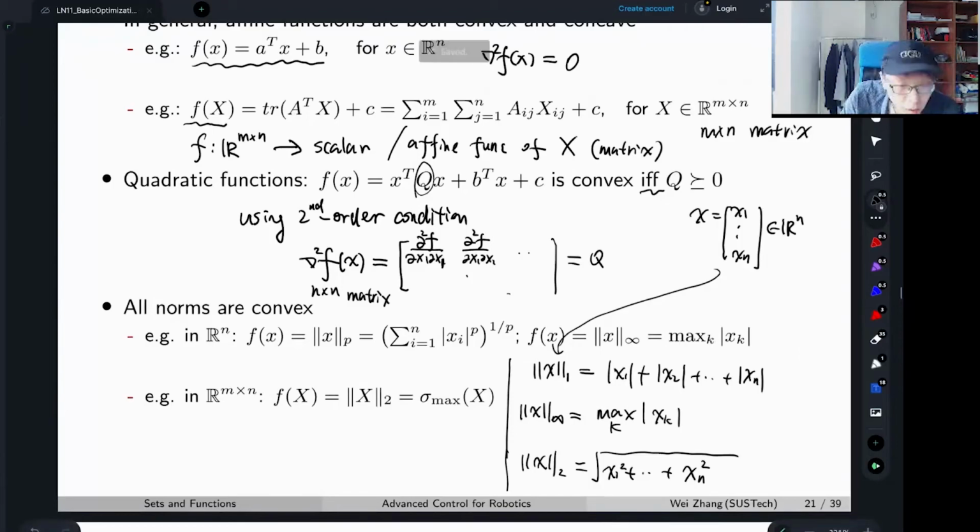Those are all convex functions of x. If I have a matrix variable, the matrix norm is also a convex function of that matrix variable, it's not affine anymore.